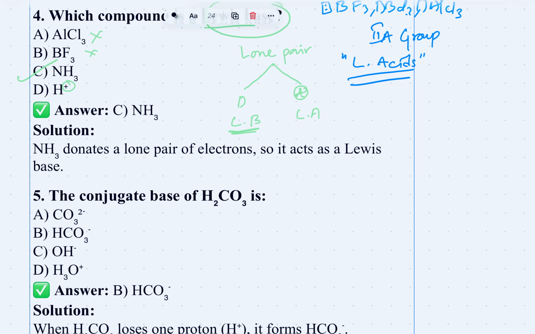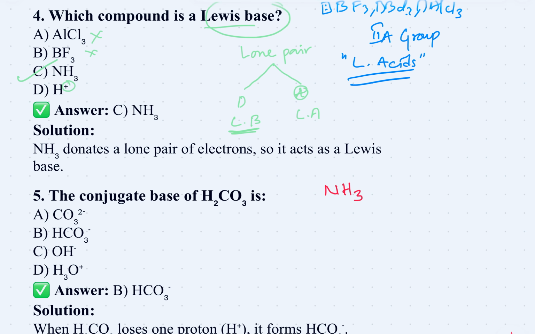I will give one example to understand this. All of you concentrate. I am taking NH3 plus H+. See what happened between these two. This is H+. Here it has a lone pair of electrons. This lone pair of electrons can be donated to H+. What happened? NH4+ is formed. NH4+ means nitrogen with four hydrogens.